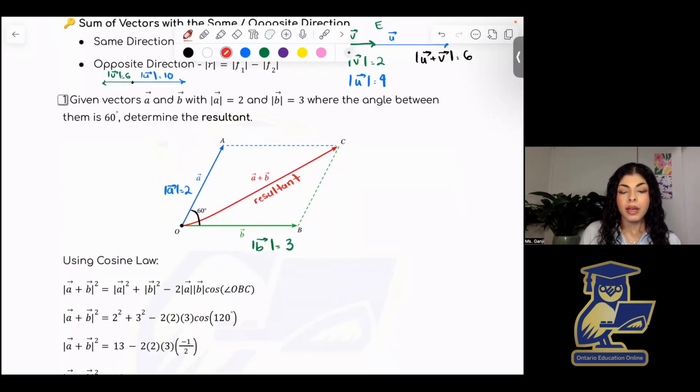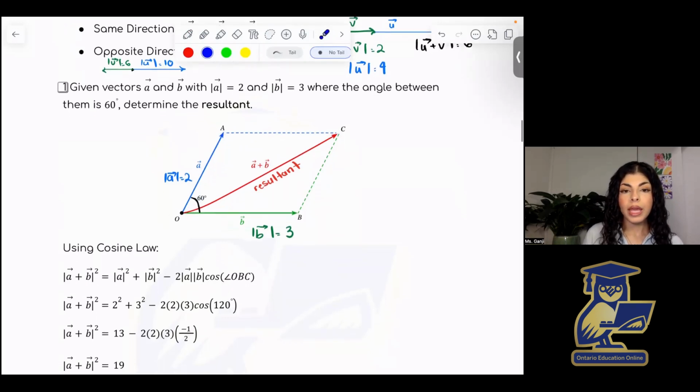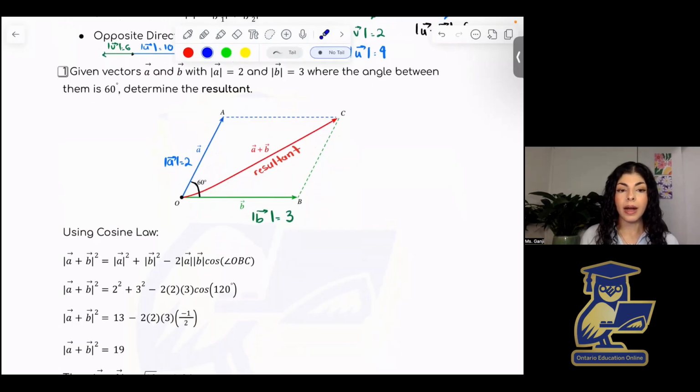Now, here you have to think of this as a triangle where we are using cosine law, which is given to you here.